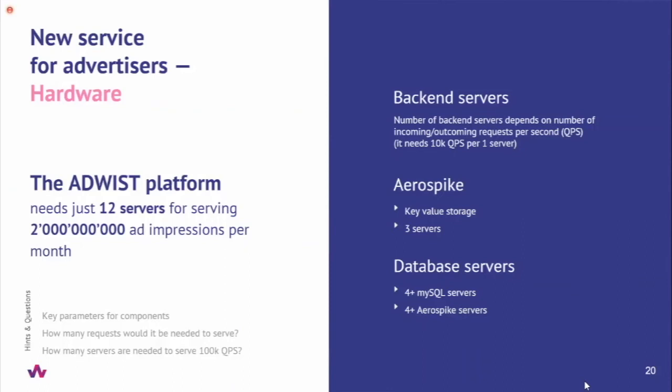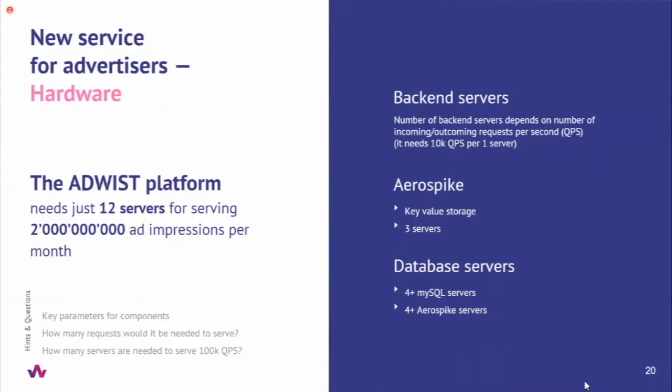But sometimes the numbers can be a little bit different. If you have another platform, you need more servers for doing the same thing. I wouldn't go into details about what kind of services and hardware you need, but if you are interested, I can share this information with you after the webinar.